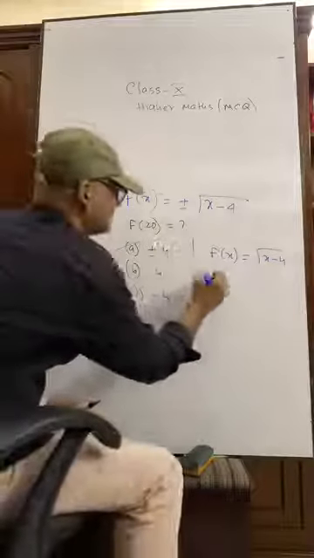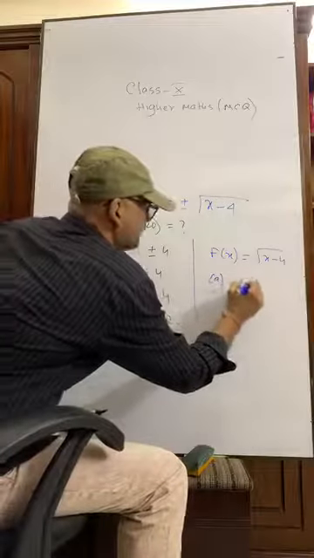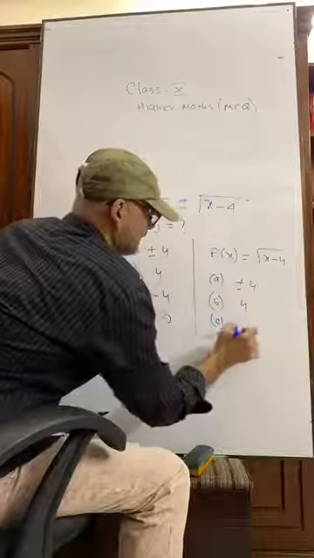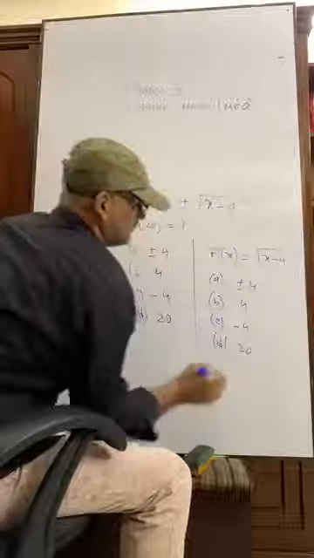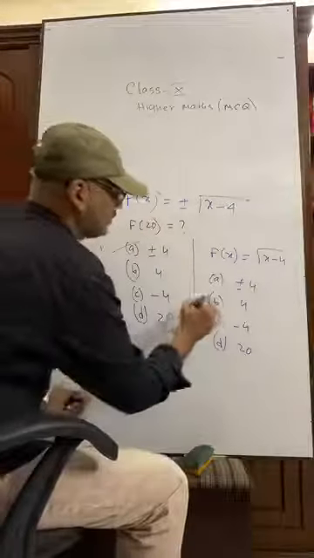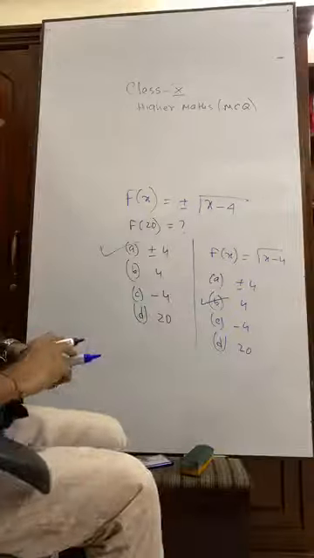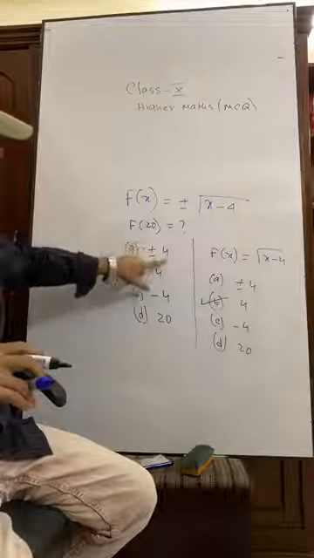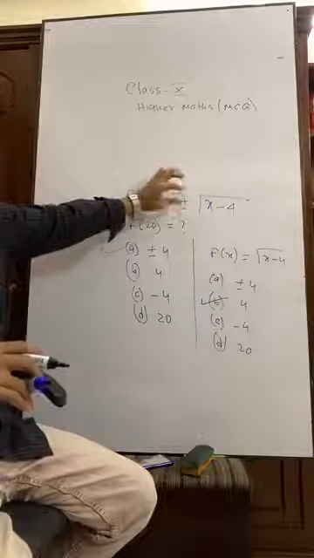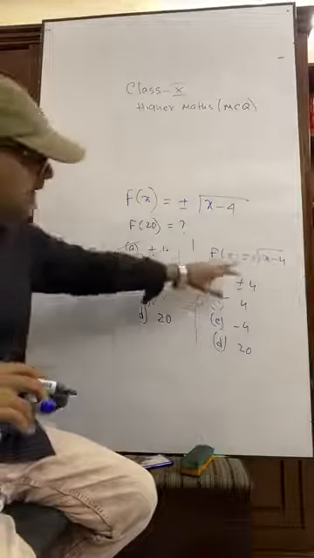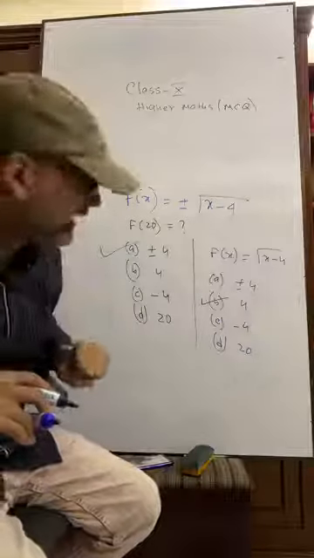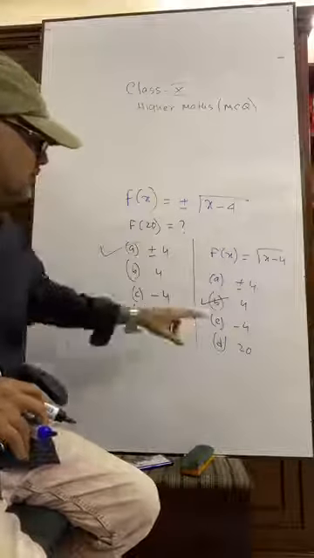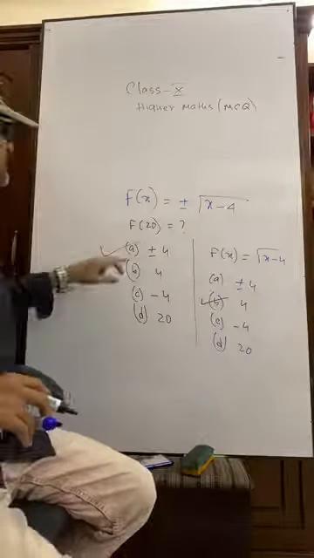So in this case the options were plus minus 4, b 4, c minus 4, d 20. Here our answer will be B. See the difference. Here plus minus 4 is given, but in the previous question, plus minus is not given, so there is no option to write any minus sign. So here the answer is B and here the answer is A.